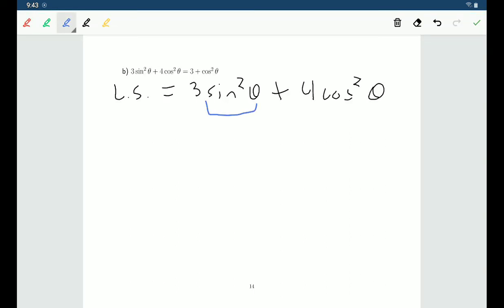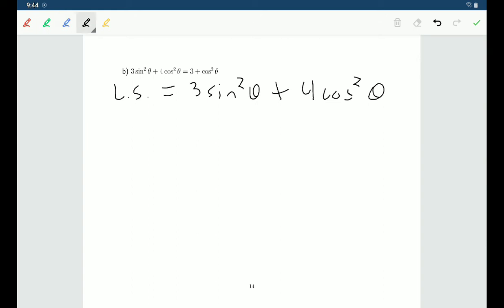I need that to be gone, because the right side doesn't have any sines in it whatsoever, just cosines and numbers by themselves. So I'm going to use the fact that sine squared theta is the same thing as 1 minus cosine squared theta, and that's just from taking a Pythagorean identity and rearranging it.